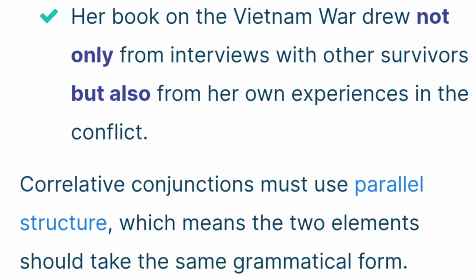Let us look at this example. "Her book on the Vietnam War drew not only from interviews with other survivors, but also from her own experiences in the conflict." I have highlighted the correlative conjunctions. Correlative conjunctions must use parallel structure, which means the two elements should take the same grammatical form.